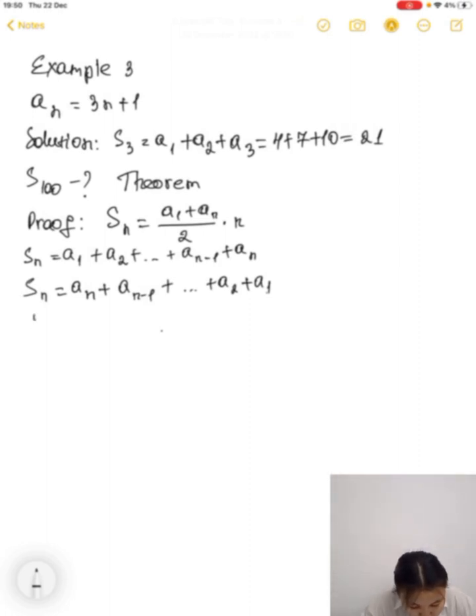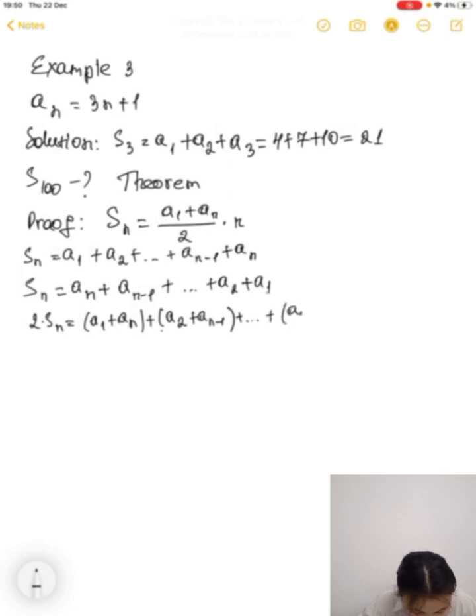2 times S sub n is equal to a sub 1 plus a sub n plus a sub 2 plus a sub n minus 1 plus up to a sub n minus 1 plus a sub 2 plus a sub n plus a sub 1.